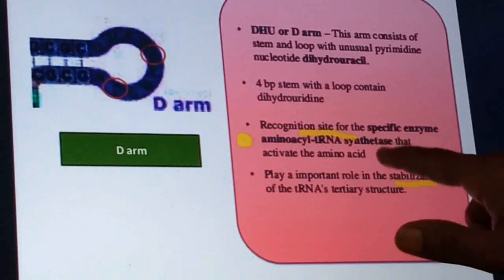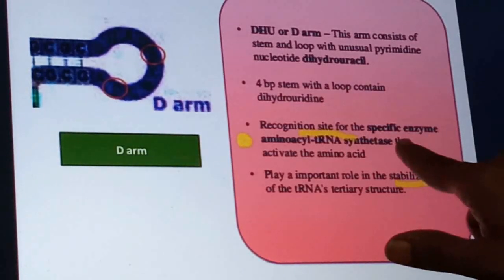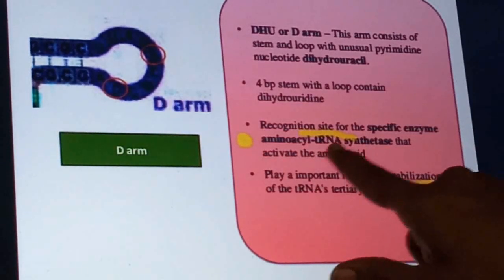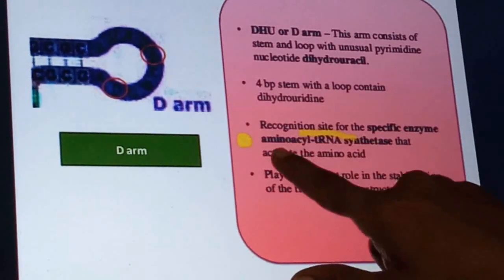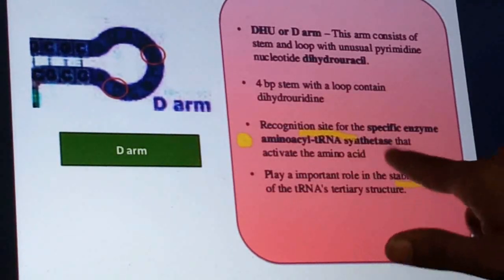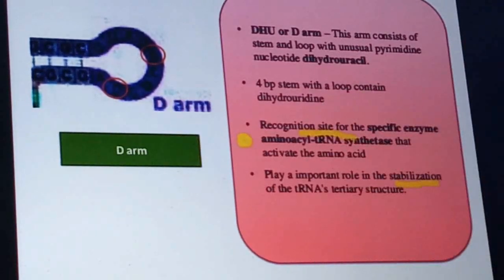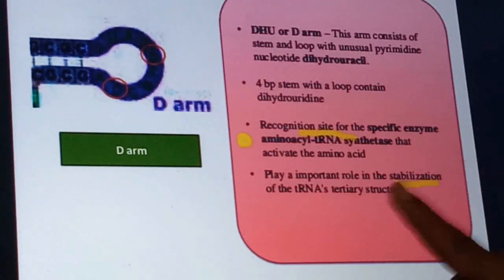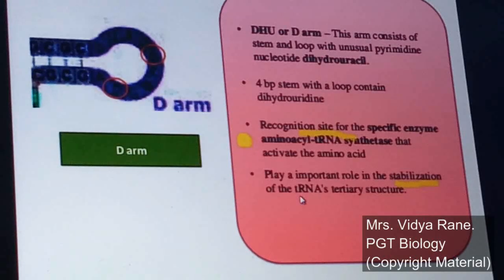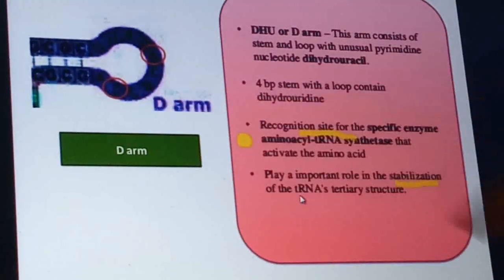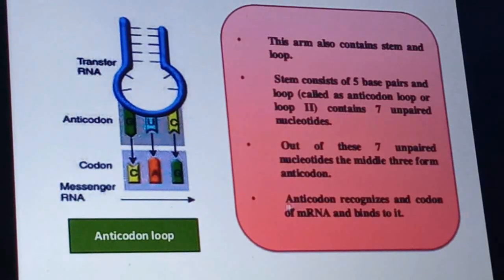This enzyme helps to combine the tRNA with the amino acid to form a complex, the aminoacyl tRNA. So the recognition site of this specific enzyme is the D arm. It plays a very important role in stabilization of the tRNA tertiary structure. This clover leaf-like model is the tertiary structure of the tRNA, and it will be stabilized because of the D loop.